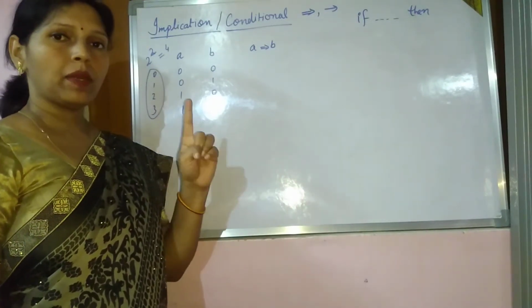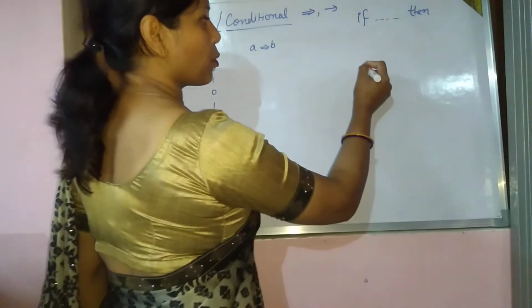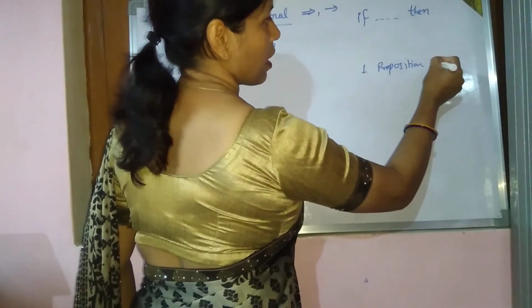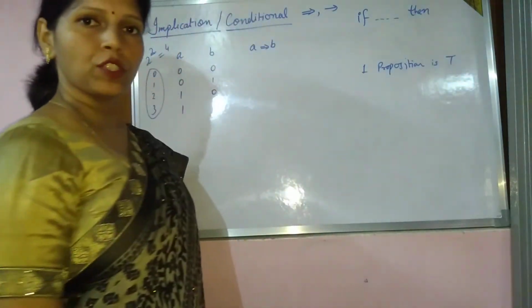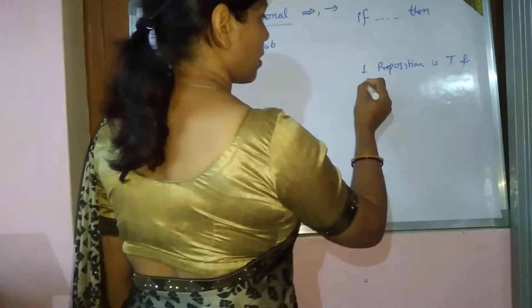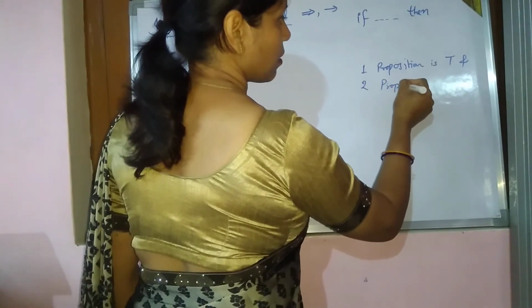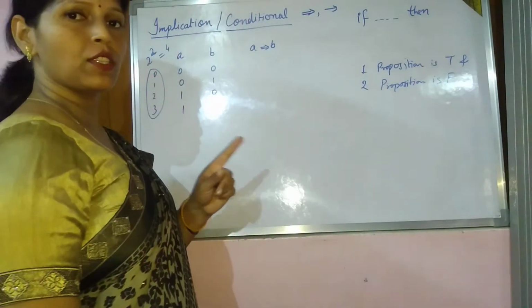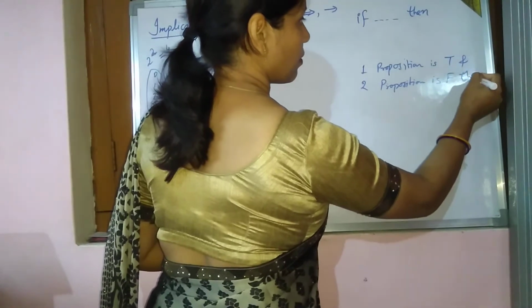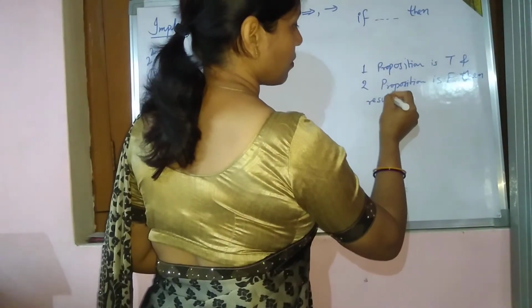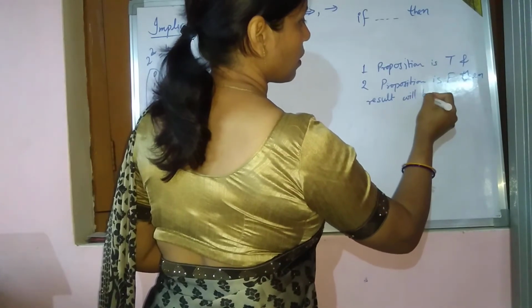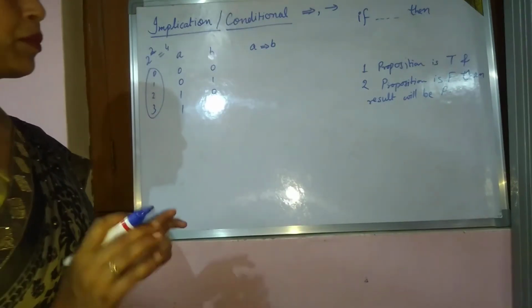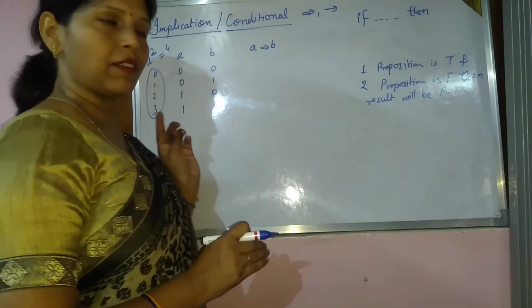You have to remember only one thing: if your first proposition is true and the second proposition is false, then the result will be false. Otherwise, the result will be true.